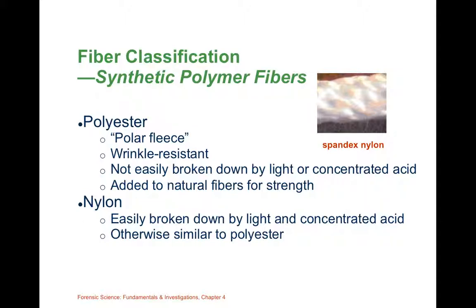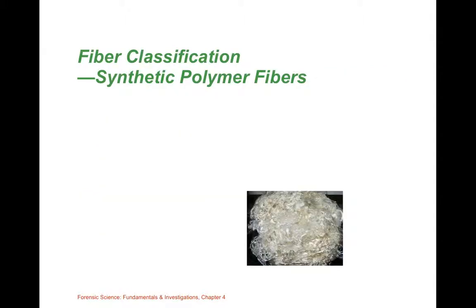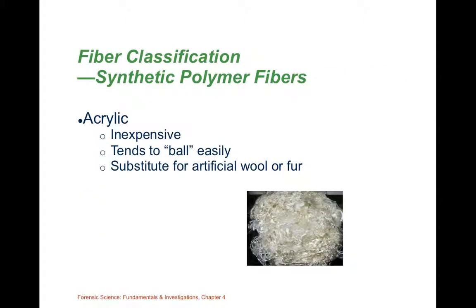Okay, another example of a synthetic fiber is nylon. Now, unlike polyester, nylon is easily broken down by light and concentrated acid. But other than that, it is similar to polyester, right? Nylon can be added to other natural fibers for strength, and it is definitely wrinkle resistant. Okay, the last two synthetic fibers are acrylic, which is super inexpensive.